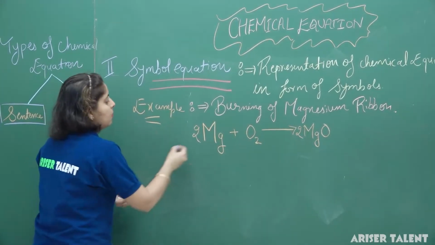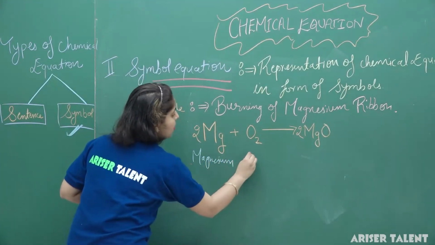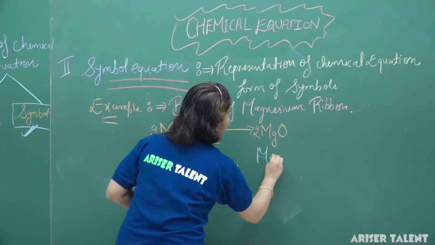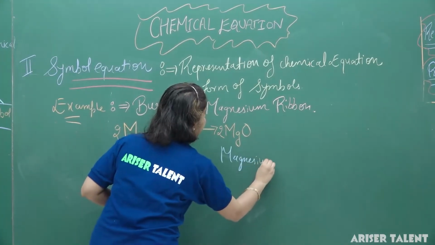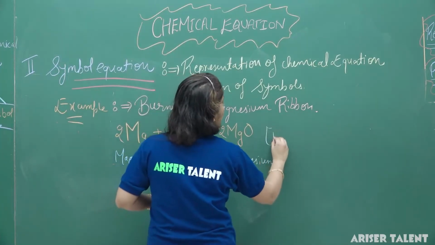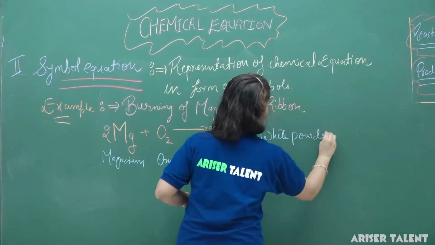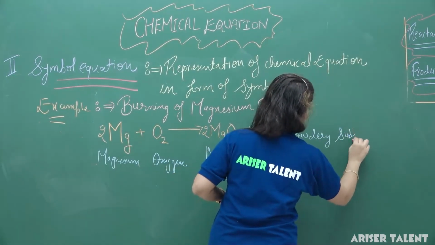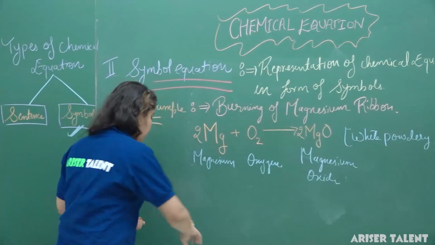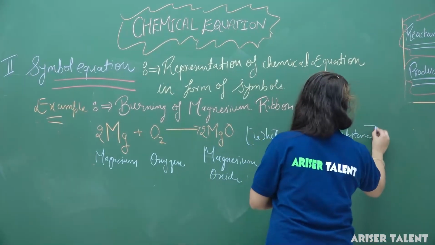So this is magnesium, this is oxygen, and we get magnesium oxide, which is a white powdery substance. The magnesium ribbon we have taken is in the form of a wire.